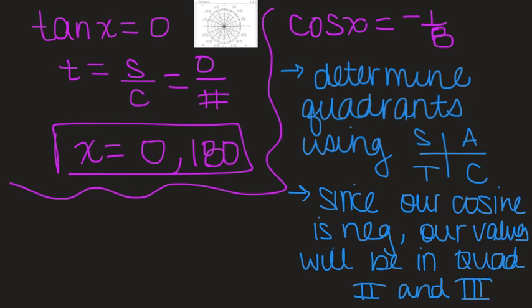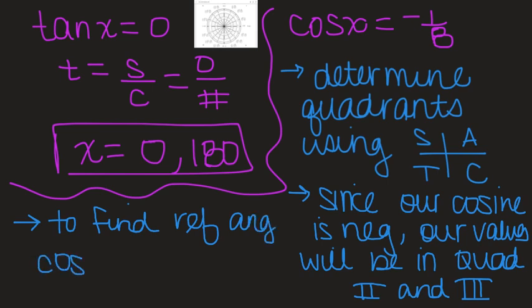Okay, so that's great. Now we also need to find our reference angle. To find the reference angle, we're going to find cosine to the negative 1 of 1/8. Notice how this is positive. We did not plug in negative 1/8 here. We use the negative to decide our quadrants.